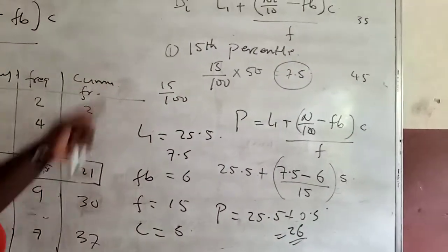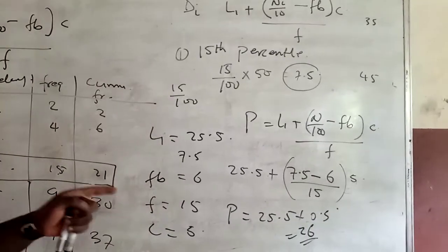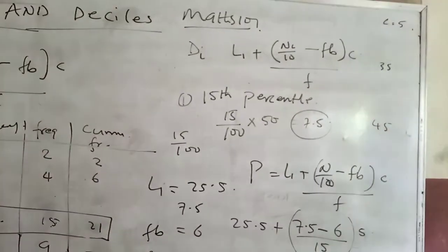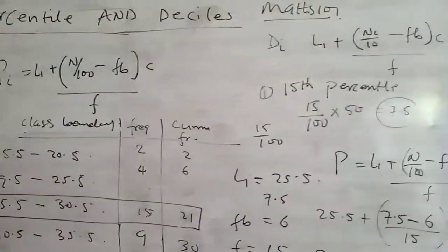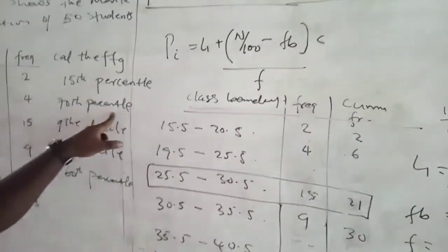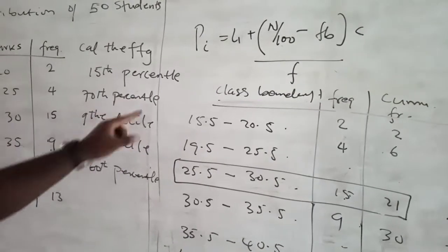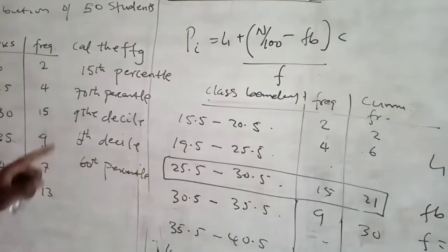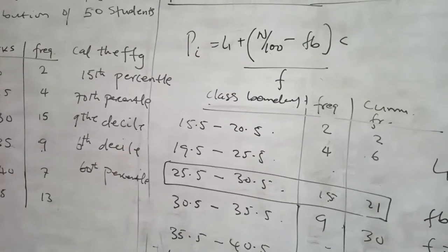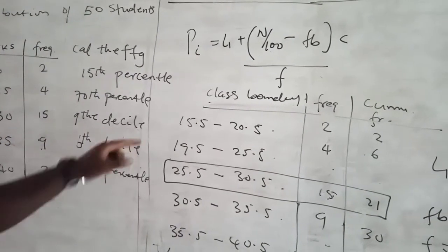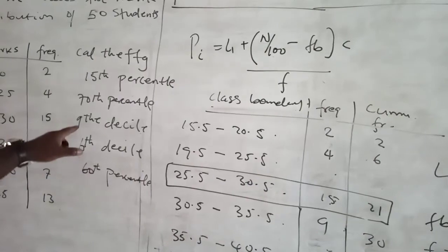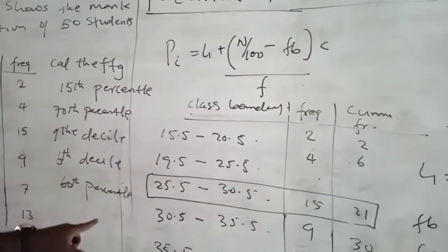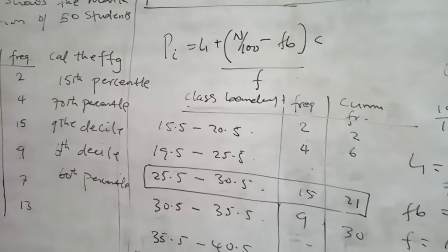Good. With this example, please, class, the other assignment is for you to calculate the 70th percentile. Calculate the 70th percentile, right? That's an assignment. Please solve it. Use the same procedure, this formula, and solve the 70th percentile. Then the next thing we have to calculate right now, I will solve the 9th decile, and the 6th decile and 60th percentile is still an assignment.